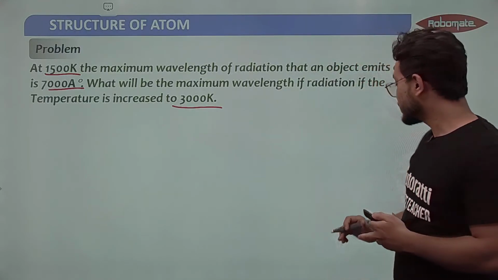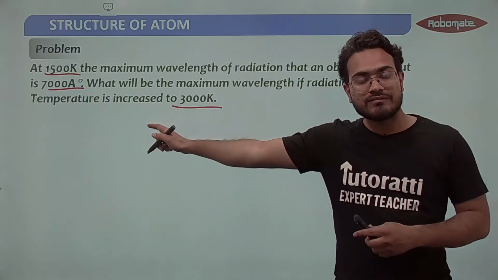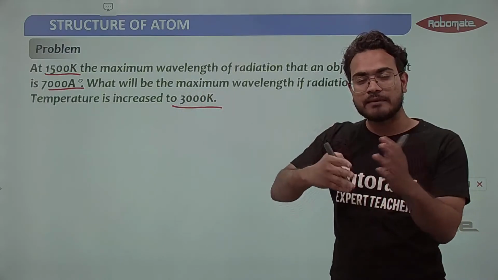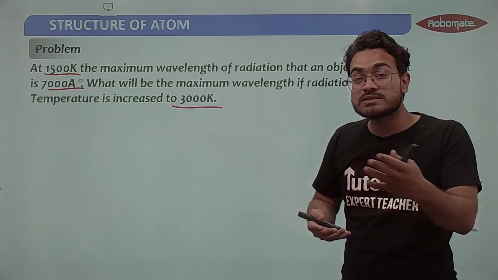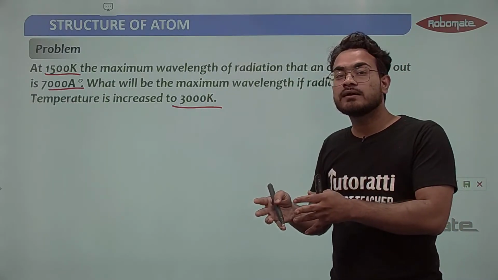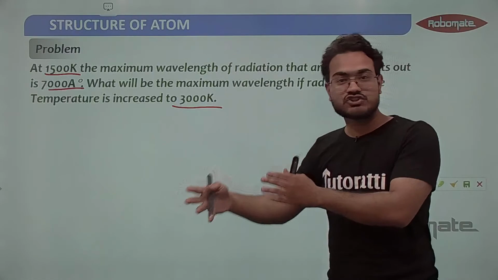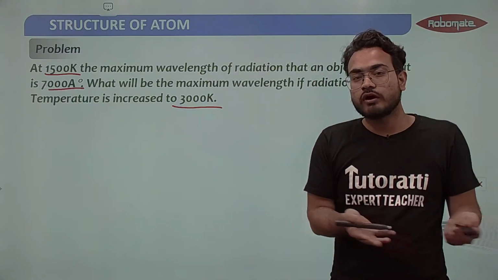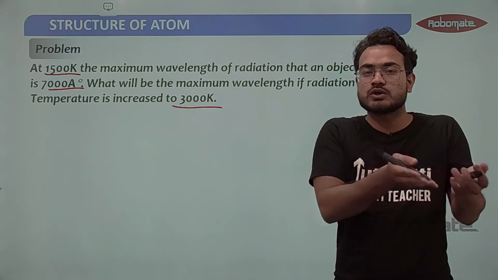Let's see. What formula will be used here? I have just told you the relationship between lambda and T. The relationship is Wien's displacement law. Lambda maximum into T is equal to constant. It is just like Boyle's law, P1 V1 is equal to P2 V2.